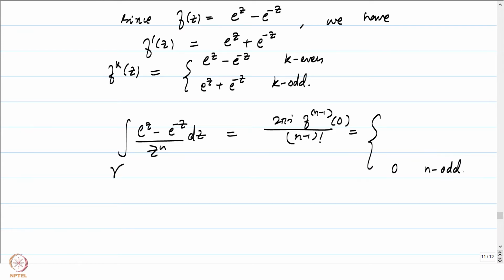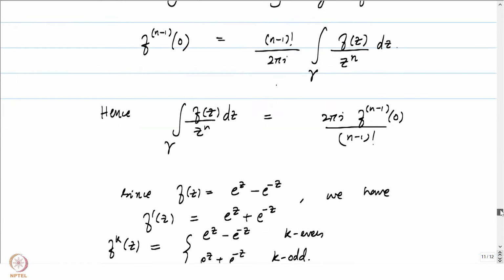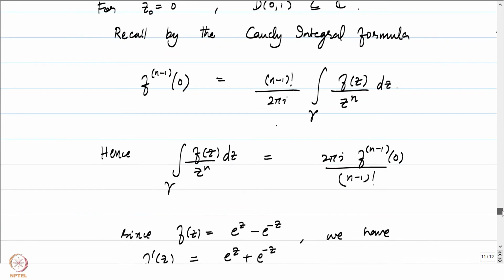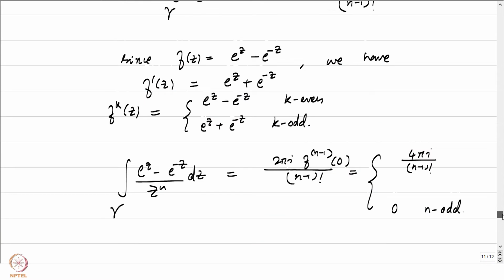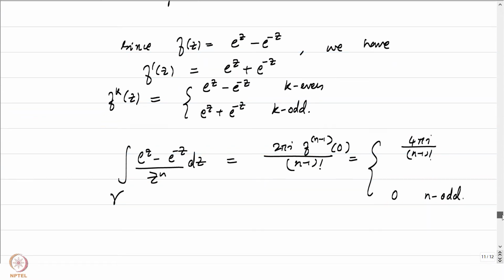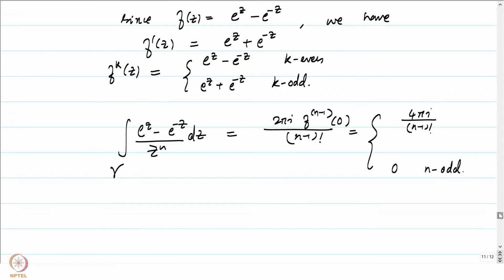And when n is even, n minus 1 will be odd, f n minus 1 of 0 will turn out to be 2, and this is going to be equal to 4 pi i by n minus 1 factorial. Let me be a little careful. So yeah, I think this is the correct answer.